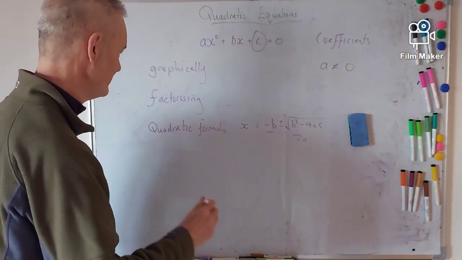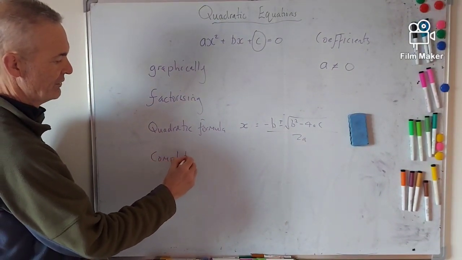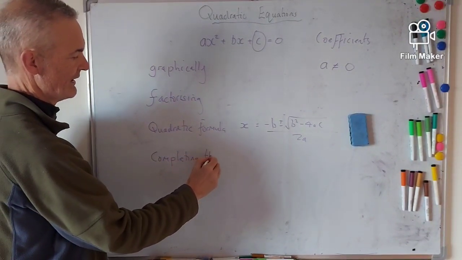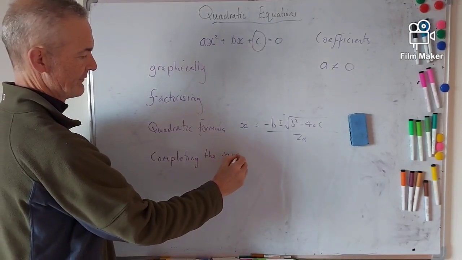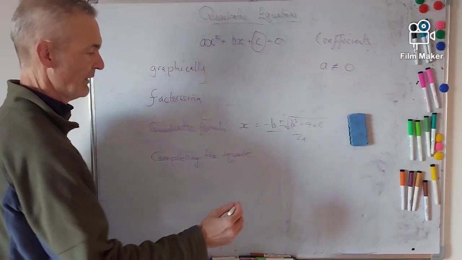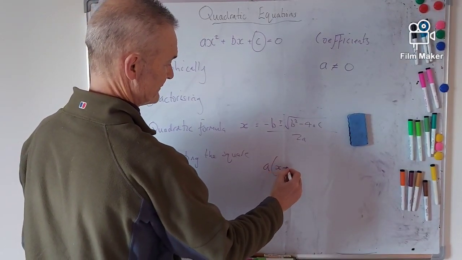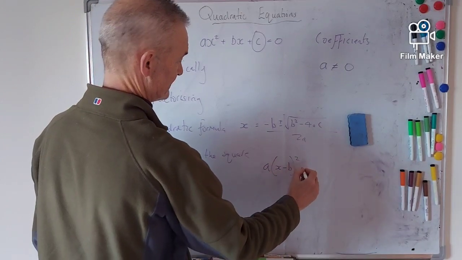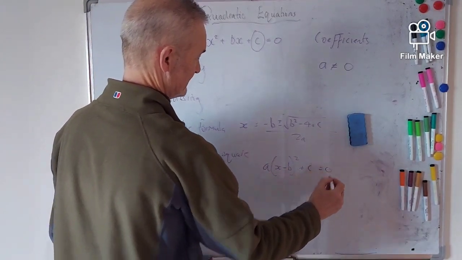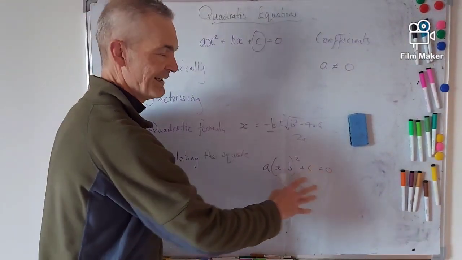And also you can do something called completing the square. If you complete the square, you will end up with a quadratic looking a little bit like this. That is the completed square form. Again, don't worry about it now.